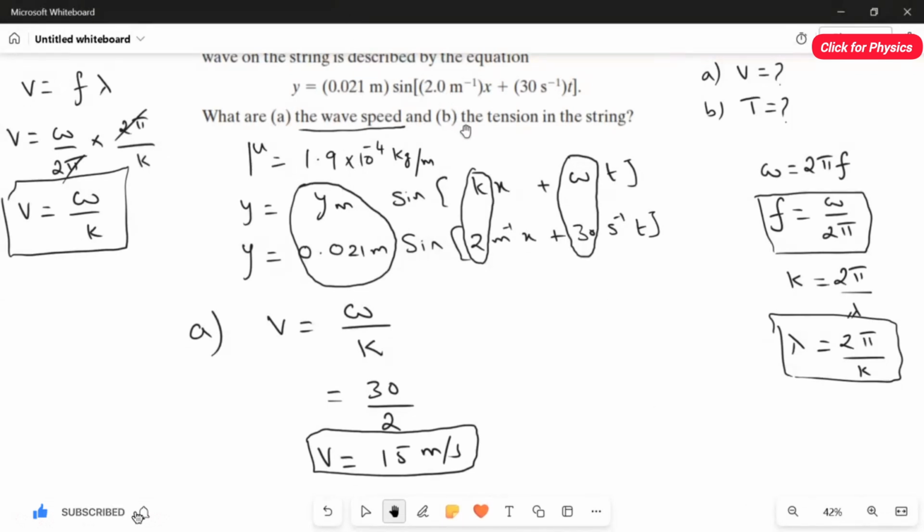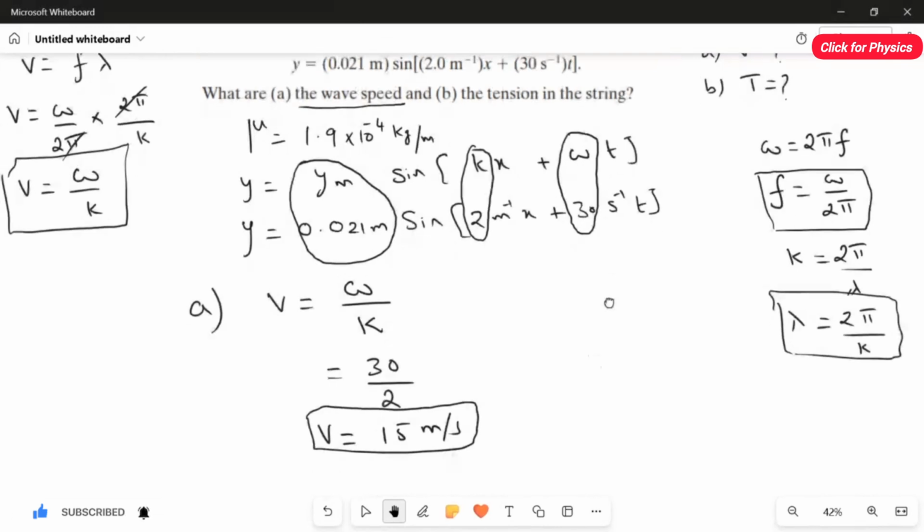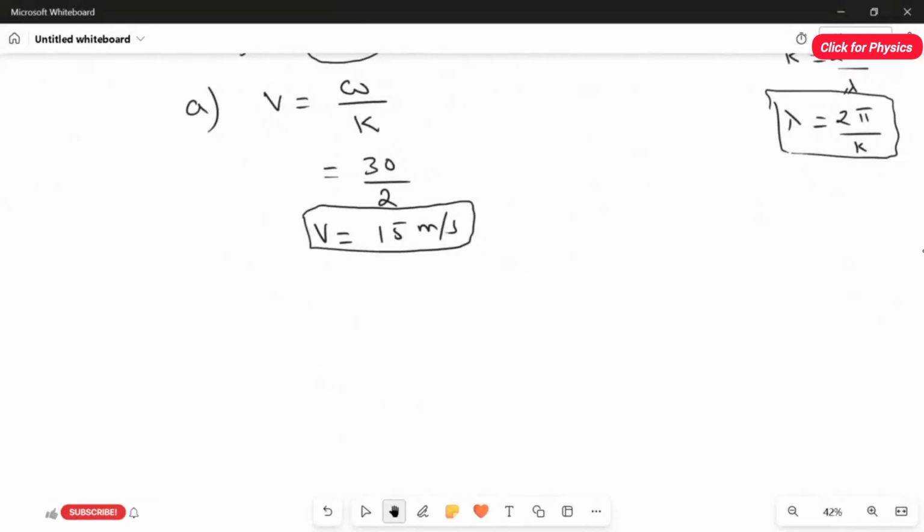Now for part B, we have to find the tension. As we already studied in the theory, the speed of the wave on the string is given by v = root of T over linear density. We have to rearrange this equation in terms of tension.